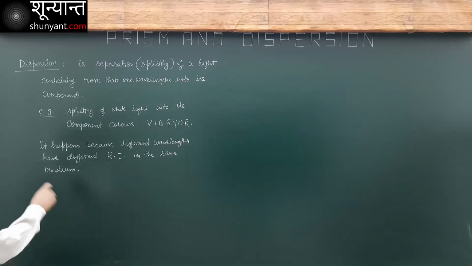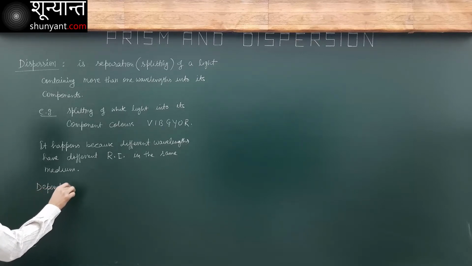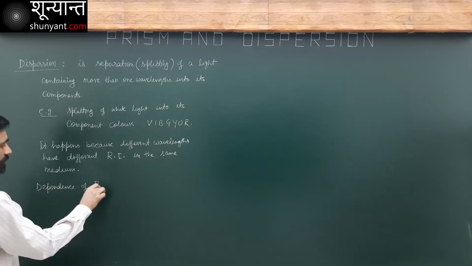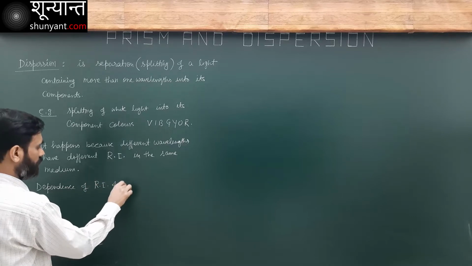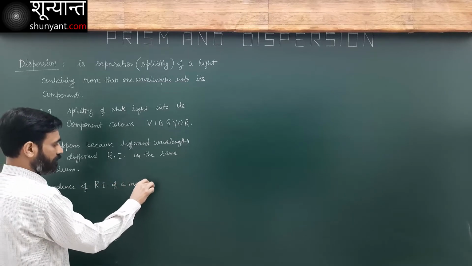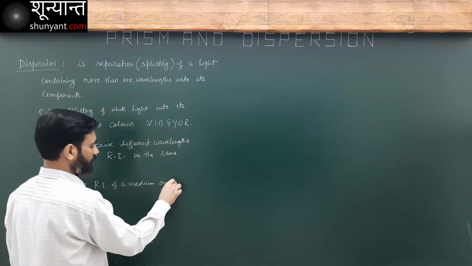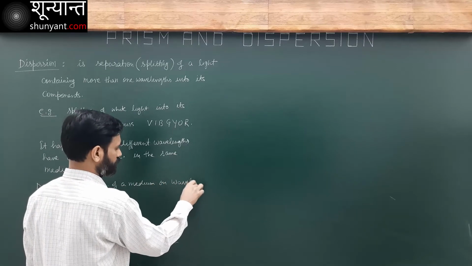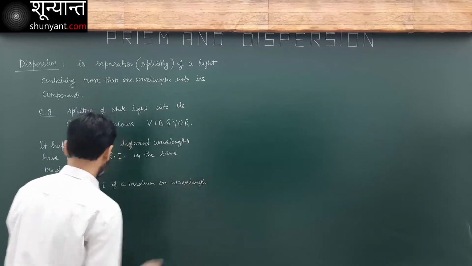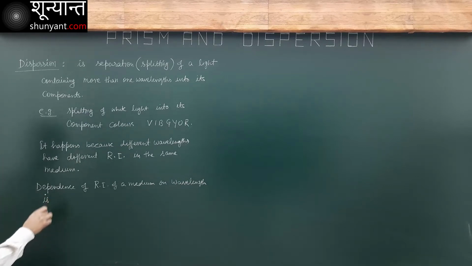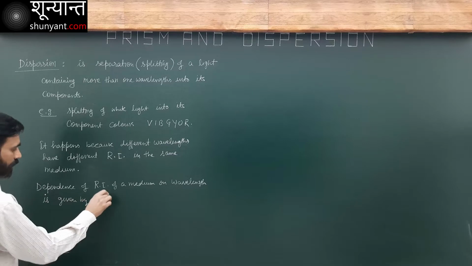Now, the dependence of refractive index of a medium on wavelength is given by Cauchy's law.